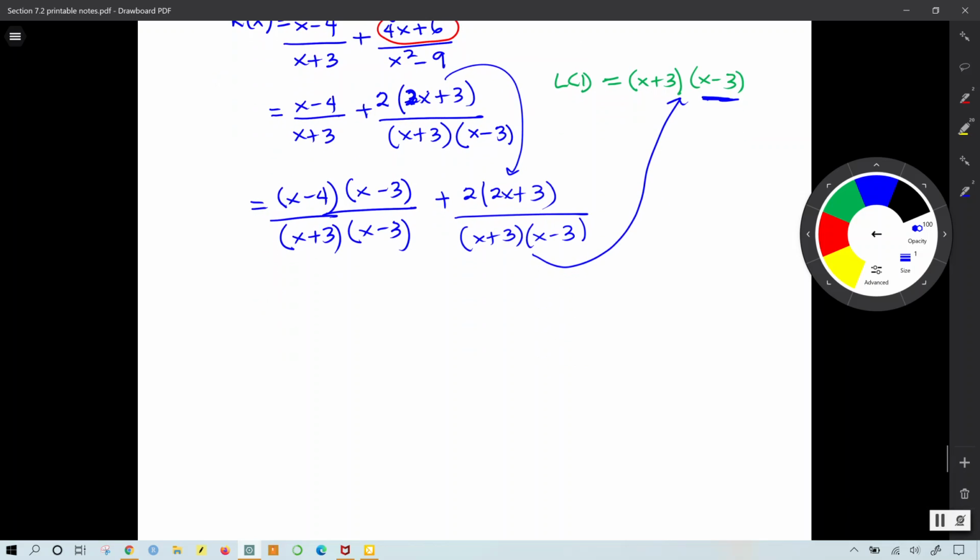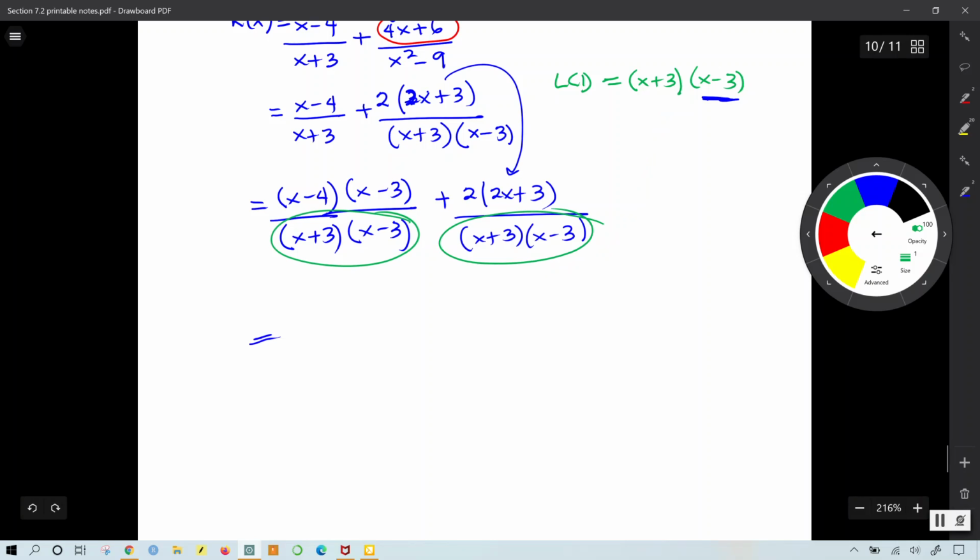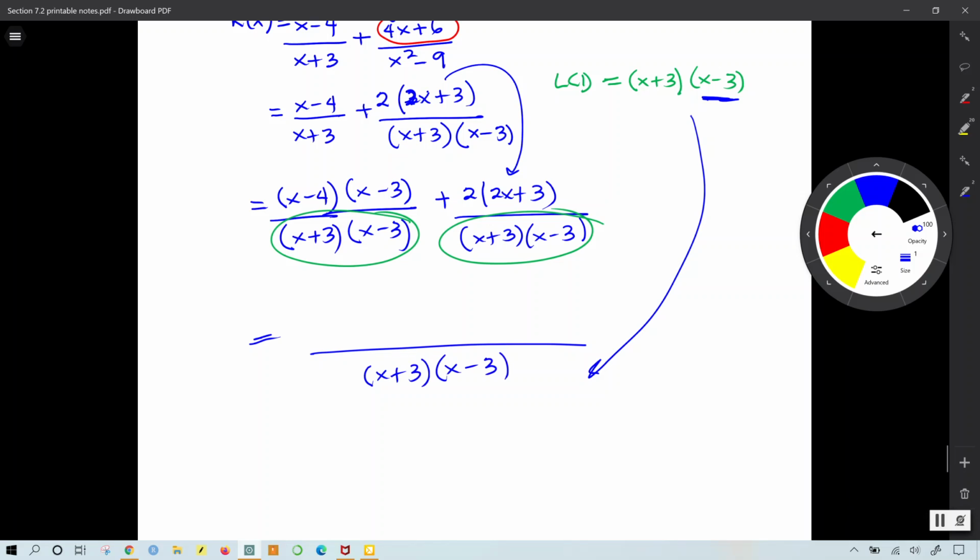So with that said, we can progress to the next stage. What we observe at the next level is that both fractions now have the same denominator as the LCD. So we pass the denominator down as the denominator, and then we can focus on the top. For the first part of the top, we need to multiply these two pieces together.